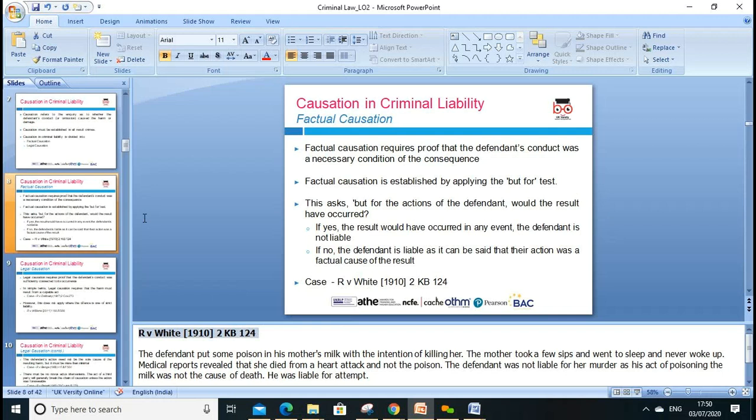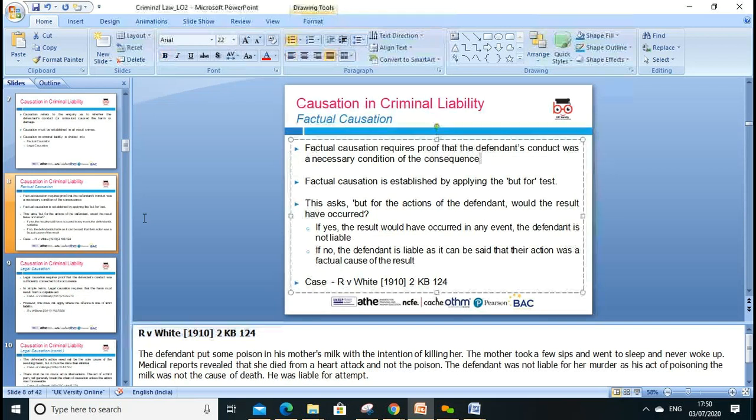Factual is required to prove that the defendant's conduct was a necessary condition of the consequences. Factual is established by applying the but for test, so we need to look around different tests to establish the crime.